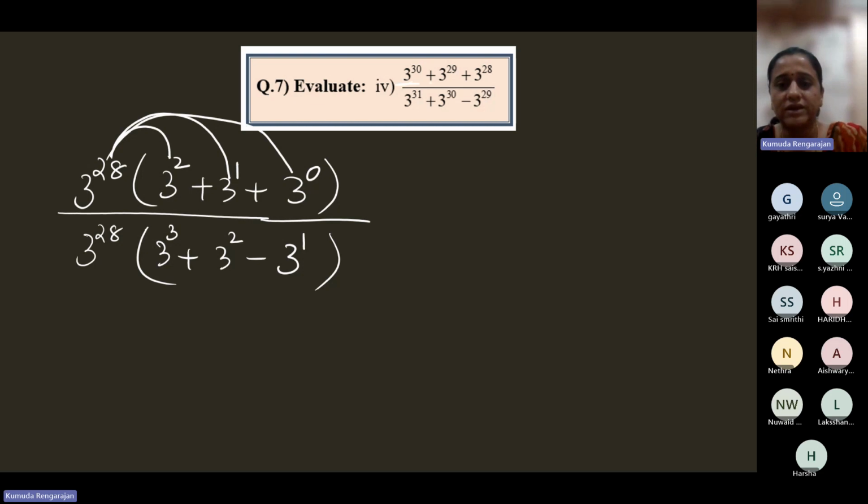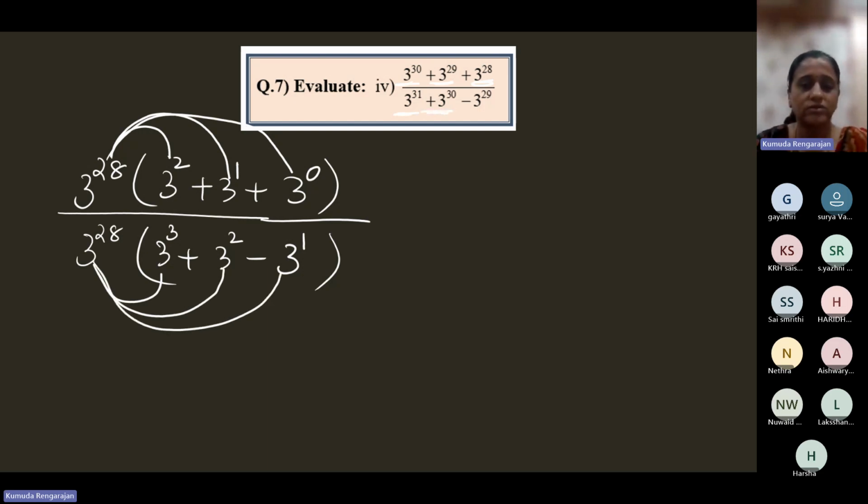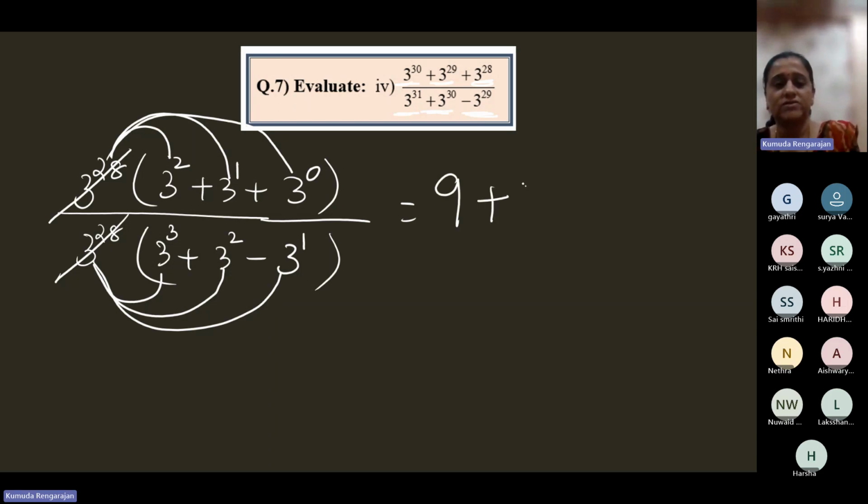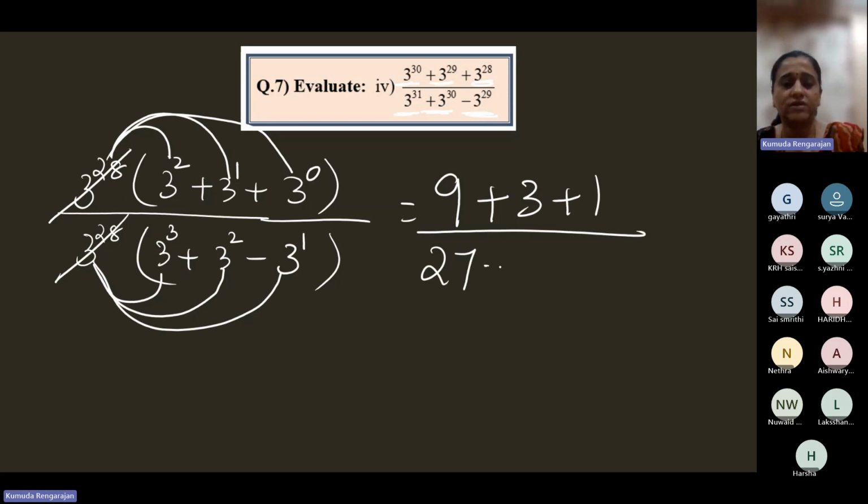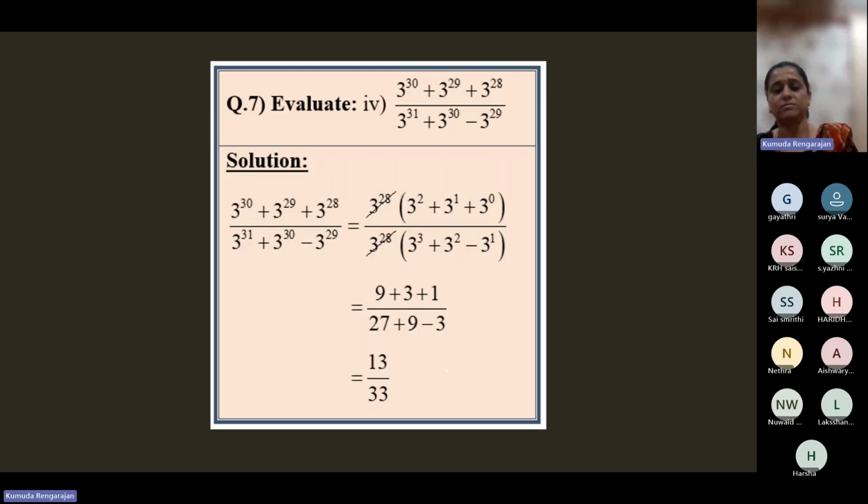Similarly, in the denominator, first, second and third terms. So now it cancels. 3 squared is 9 plus 3 plus 1, over 3 cubed is 27 plus 9 minus 3. That simplifies to 13 by 33.